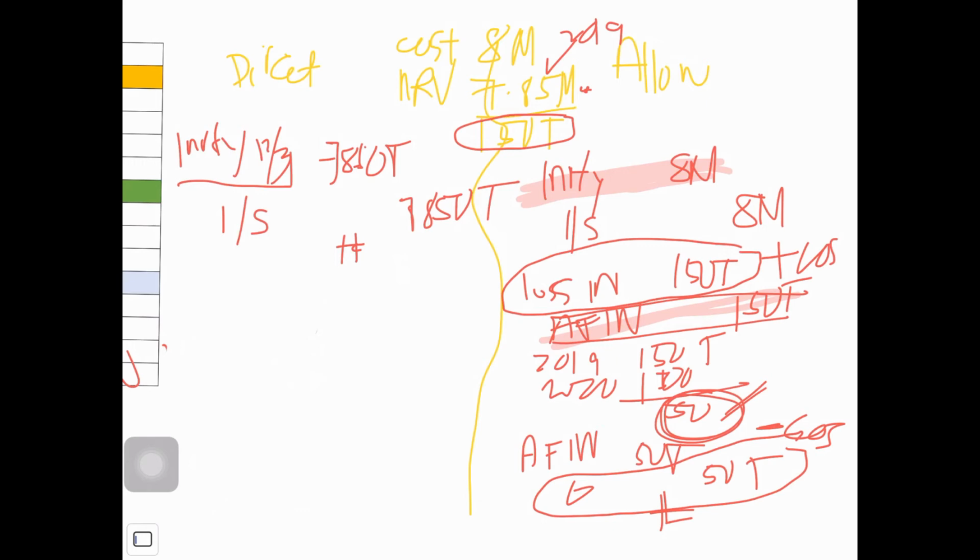Now let's have another example, guys. We have our inventory beginning: cost is 5 million and RV is 4.5 million.